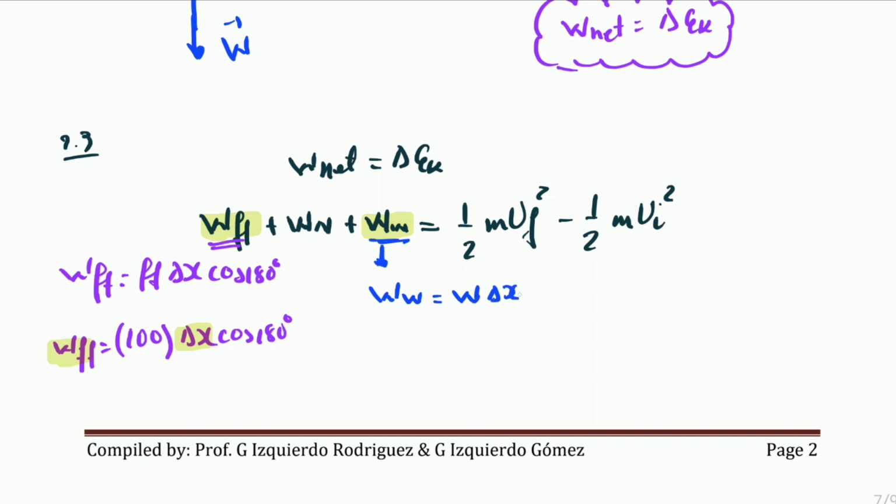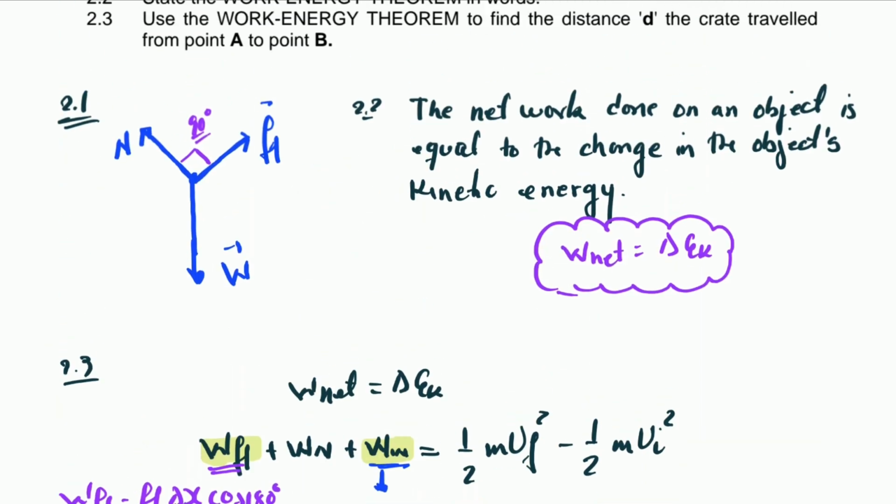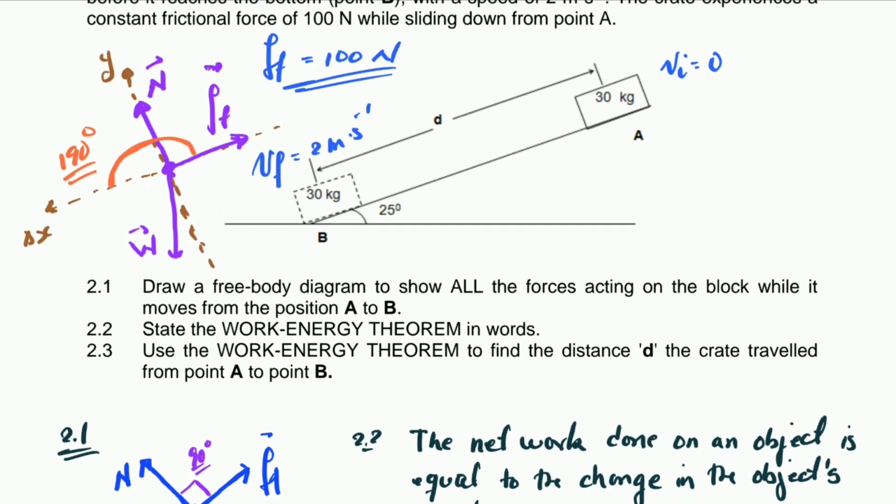Remember, we're looking for displacement. We don't have it. Cosine of theta. Now let's go to the theta here. If you remember last video, I told you that this angle here, this one I'm marking blue, corresponds to the inclination. So that angle there is going to be the same as 25 degrees.